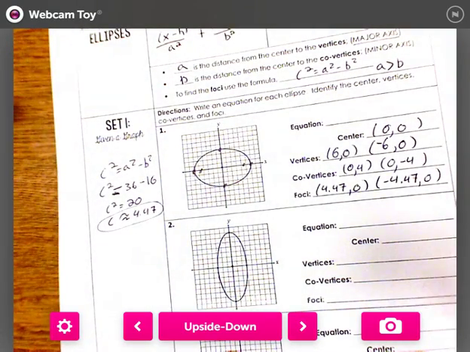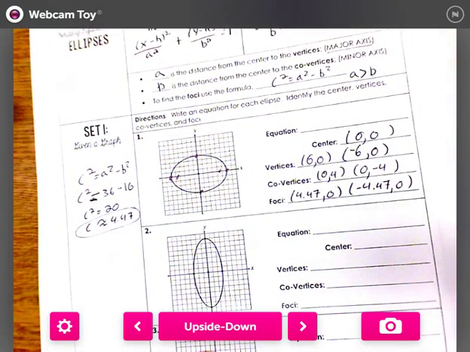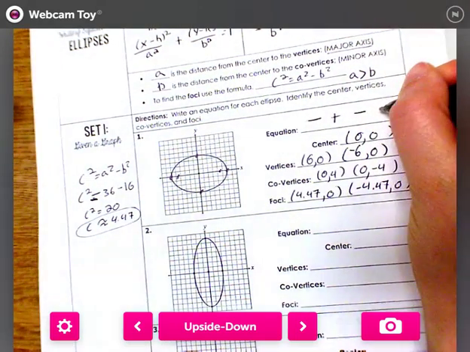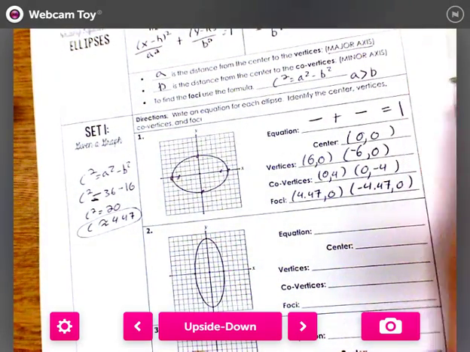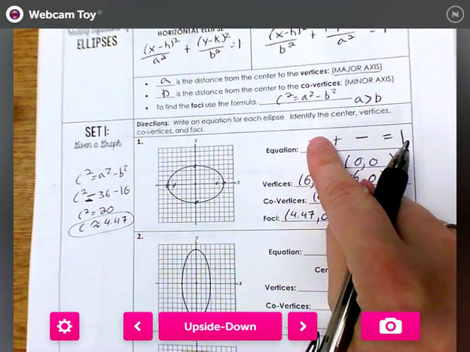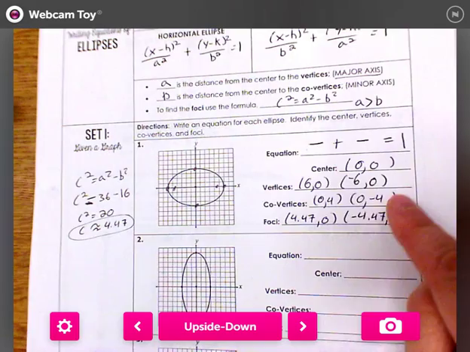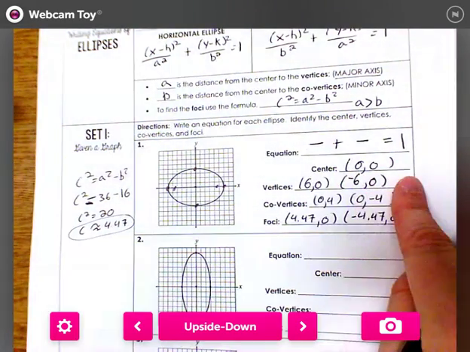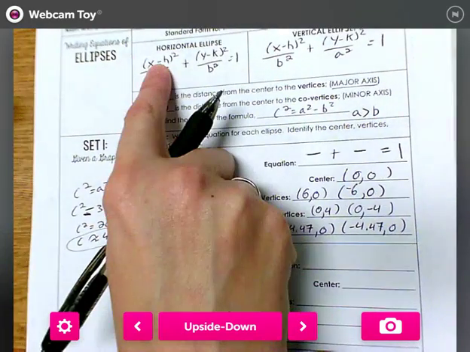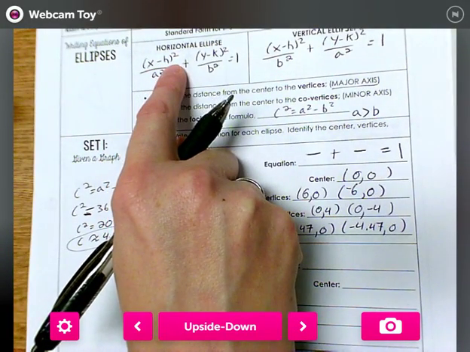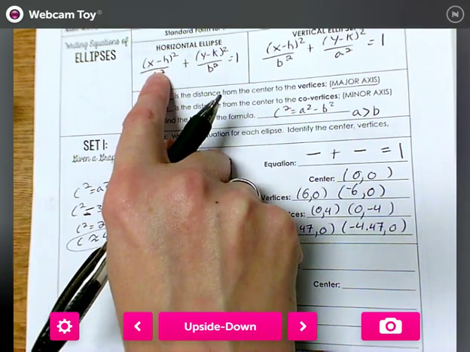Now we're going to do the equation. So I know I'm going to have something that looks like this, and this is going to equal 1. What goes on top of this? Do I have anything added or subtracted? I just have a center of 0, 0, right? So what is going to go on top? I don't have anything for h, so I'm just going to put x squared.